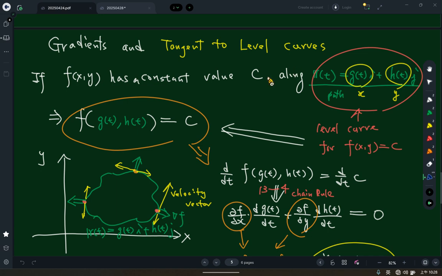Maybe I went through this part a little bit fast, so maybe I just spend some minutes to explain this idea to you again. Okay, if f of x, y has a constant value, that means the return value is always c, following some path. The path here can be represented as r of t is equal to g of t i plus h of t j.